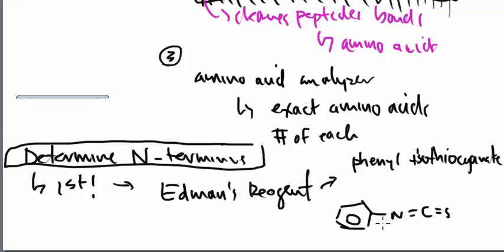So there's your phenyl, your isothio, there's your thio group, cyanate. You can kind of see that C triple bond N in a way that's involved. We abbreviate that as PITC, the abbreviation for the big name, phenyl isothiocyanate, or Edman's reagent, typically is how it's referred to.